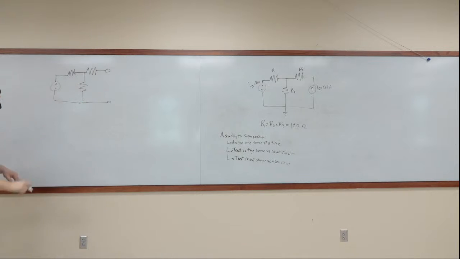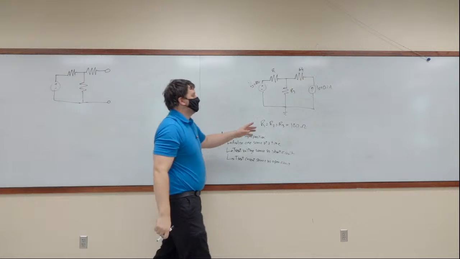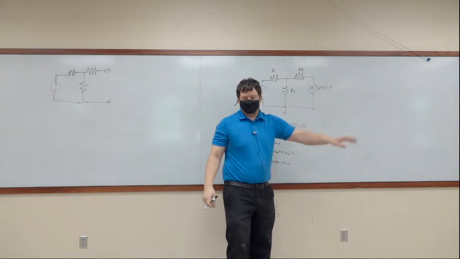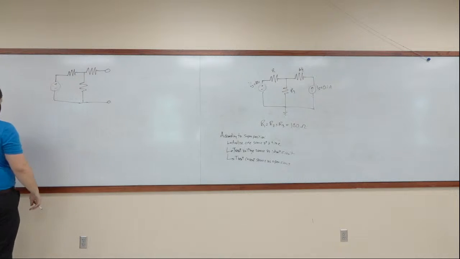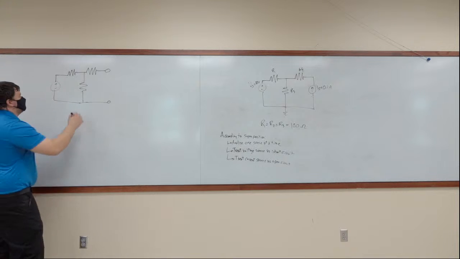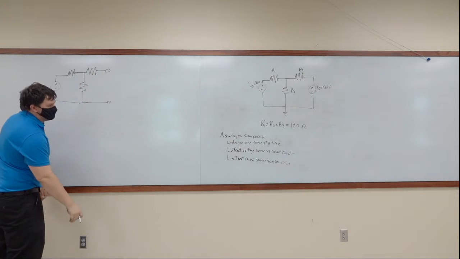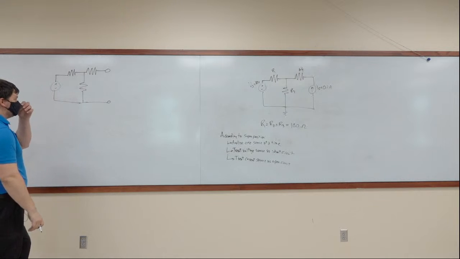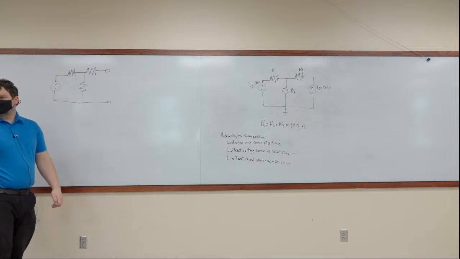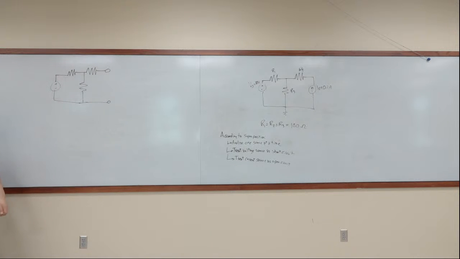Okay, so again, we're replacing our current source with an open circuit, which is great. We have R1, R2, R3. We can solve this system. Now, before anything, what is VR2? Why is it 0?